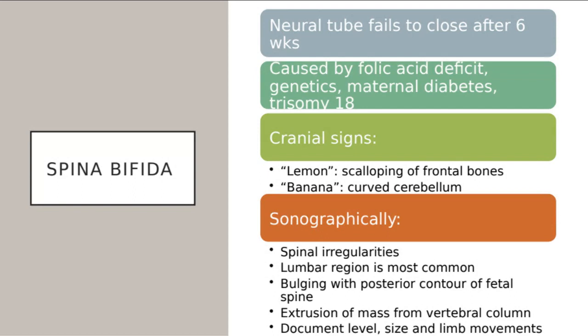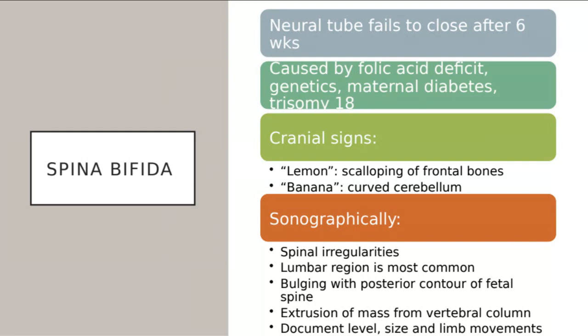When we learned about that, we learned that the middle portion of our neural tube closes first, and then the upper portion and then the lower portion are going to close. Because the lower portion, the lumbar portion of our spine, closes last, that's where we're going to see a lot of abnormalities occur in that lower lumbar region. It failed to close after that gestational checkpoint.